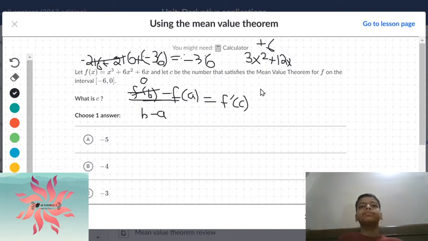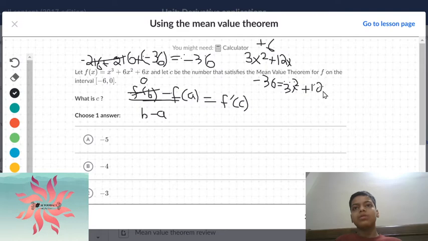Okay, negative 36 is equal to 3x squared plus 12x plus 6.